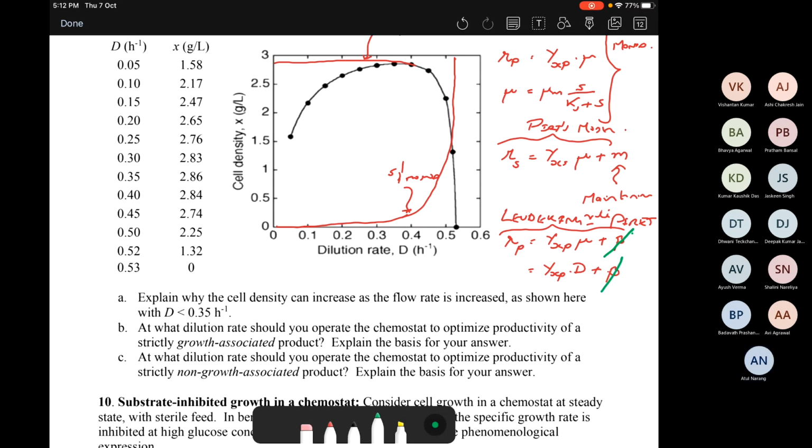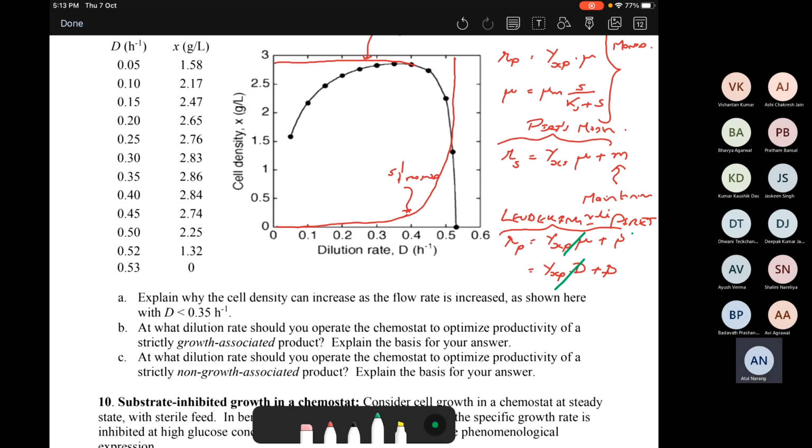The second question asks where you should operate the chemostat if the productivity is purely the other way around. That means the beta is intact, but the first term is equal to 0.